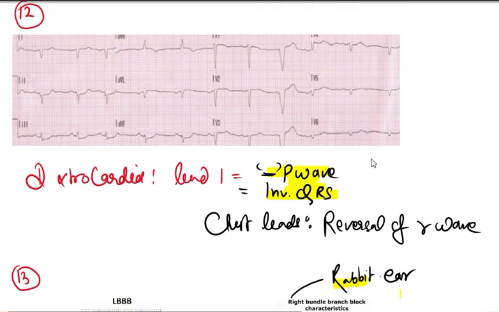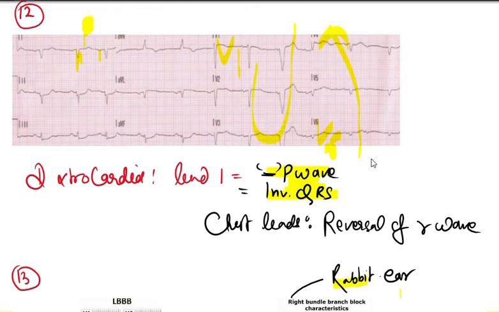Okay, next one. Here we see in lead 1, the P wave is inverted, the QRS is inverted, and in the chest leads from V1 to V6 there is a reverse pattern.